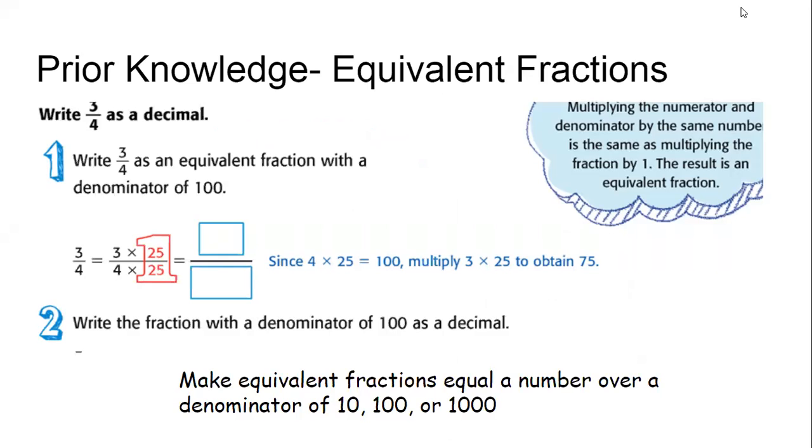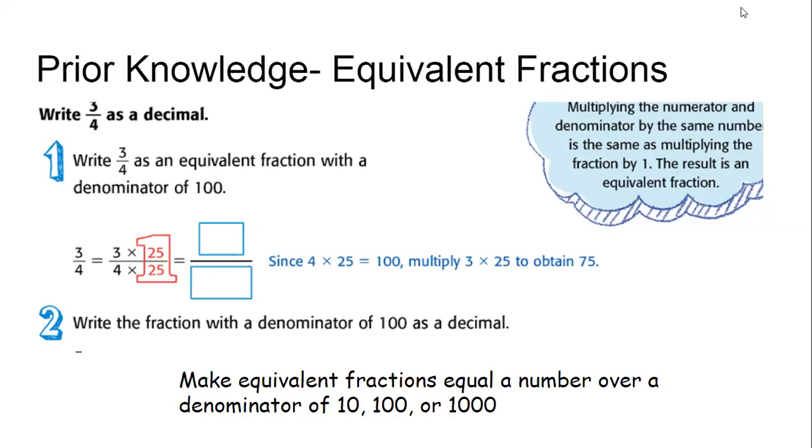Make equivalent fractions equal a number over a denominator of 10, 100, or 1,000, because those are your decimal places. Your decimal places are tenths, hundredths, and thousandths. So when you see a fraction like 3/4, you need to make it equal something over 10, 100, or 1,000.